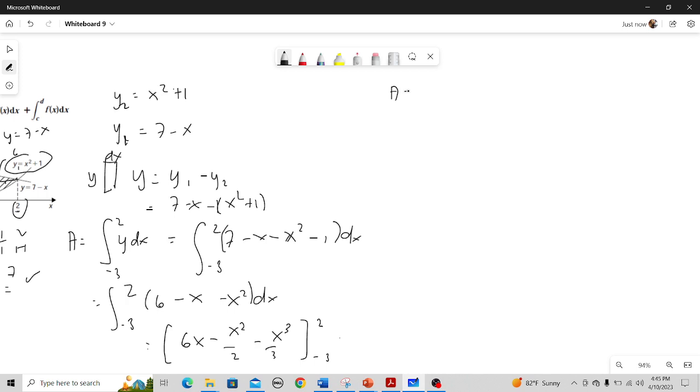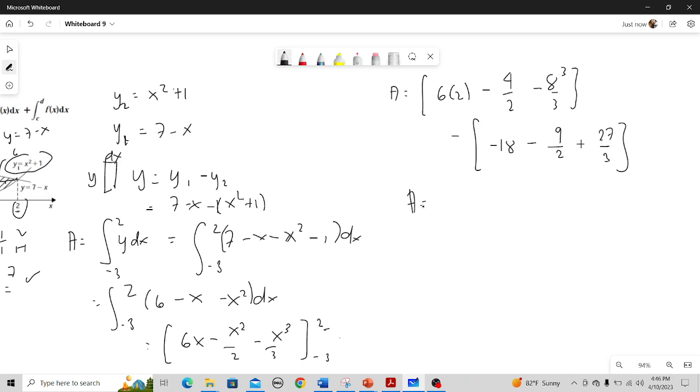So the area now: you have 6 times 2, substituting x equals 2, minus 2 squared, 4 over 2, minus 2 cubed, 8 over 3, minus 6 times negative 3, which is negative 18, minus negative 3 squared, 9 over 2, and then negative 3 to the power of 3 is negative 27, which will become positive over 3. So you can find here the value of the area.